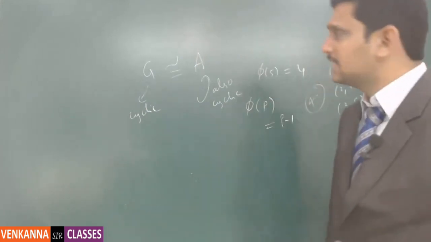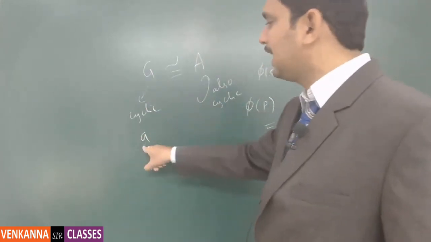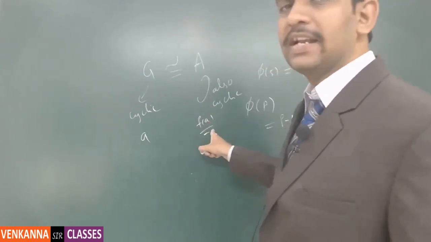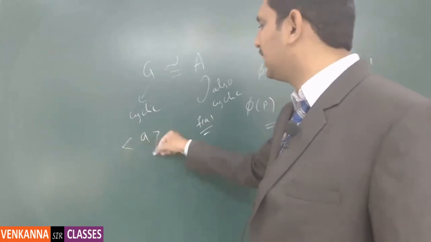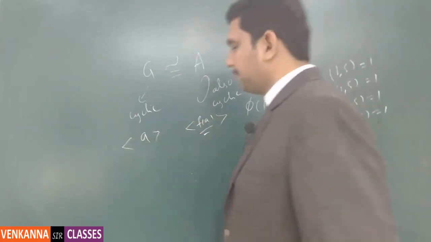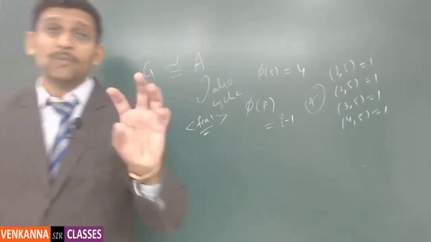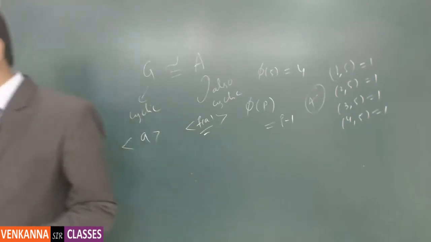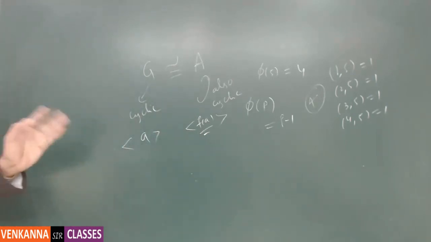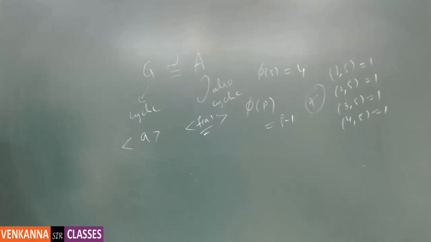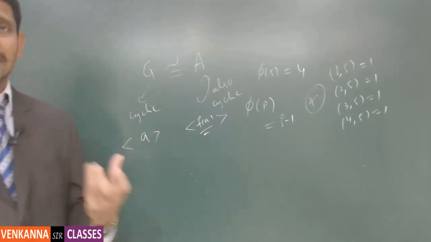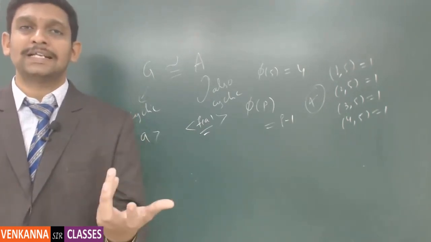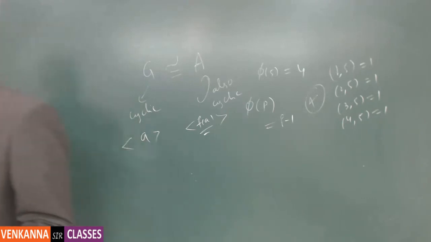Now the interesting thing is, if A is the generator for this set, then the corresponding image f of A is the generator here. So G is generated by A and the image group is generated by f of A. So isomorphism preserves the structure as well as the cyclic nature of the groups. That is one interesting thing we need to understand. So you can have the interconnectivity between homomorphisms, cyclic groups, permutation groups, etc. in the upcoming sessions. Okay?